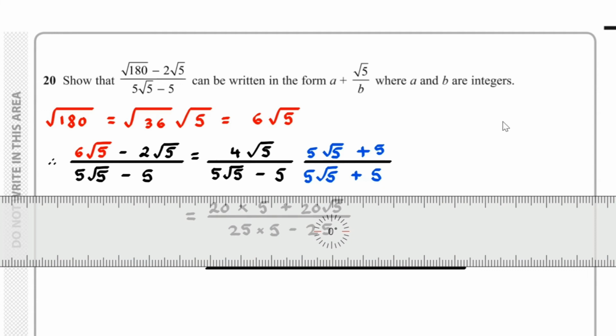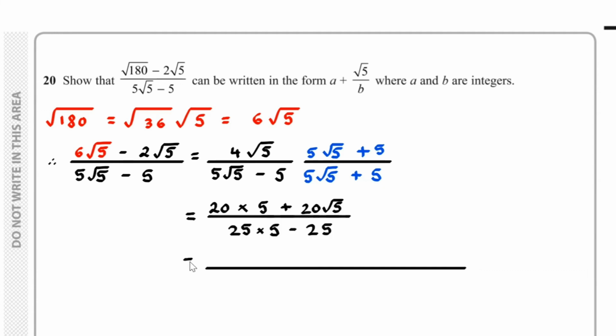When we simplify all this, 20 times 5 is 100, and then I have 20 root 5, and on the bottom I've got 125 minus 25, which is 100.